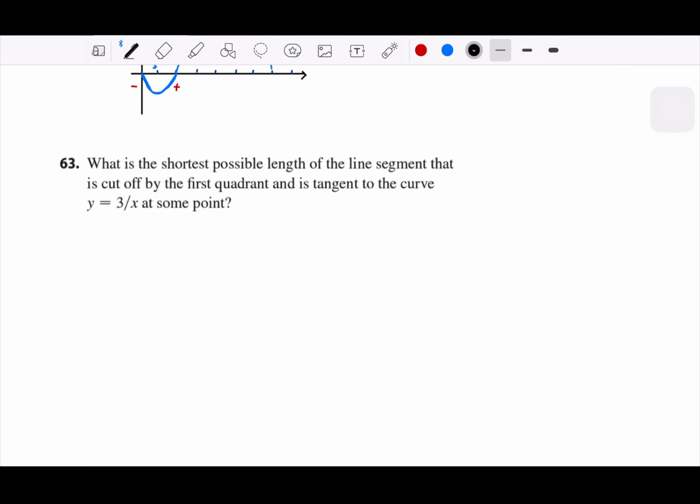So if the question seems confusing, first maybe you want to draw the curve. Draw the curve. And then there is a tangent line of the curve here at some point. The tangent line will cut off the x and y axes. Okay, so maybe I will help you to see from the drawing.